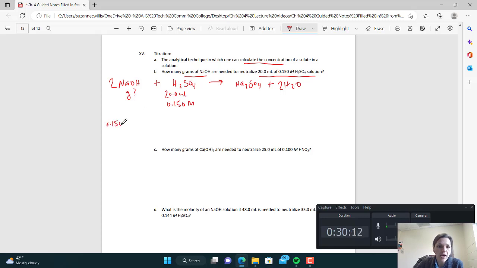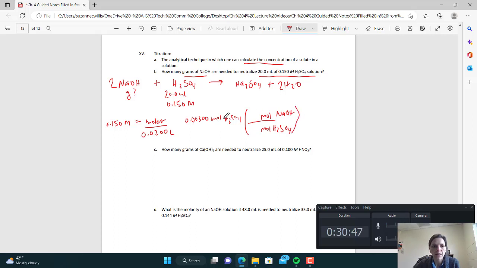So 0.150 molar equals how many moles of H2SO4 in 0.0200 liters, right? So I'm just using this information right here. I'm cross-multiplying, and I figure out that there's 0.00300 moles of H2SO4 here. Now, once you're in moles, you can hop to whoever you care about. So if I figured out moles of somebody, I can get moles of the unknown, which is NaOH.